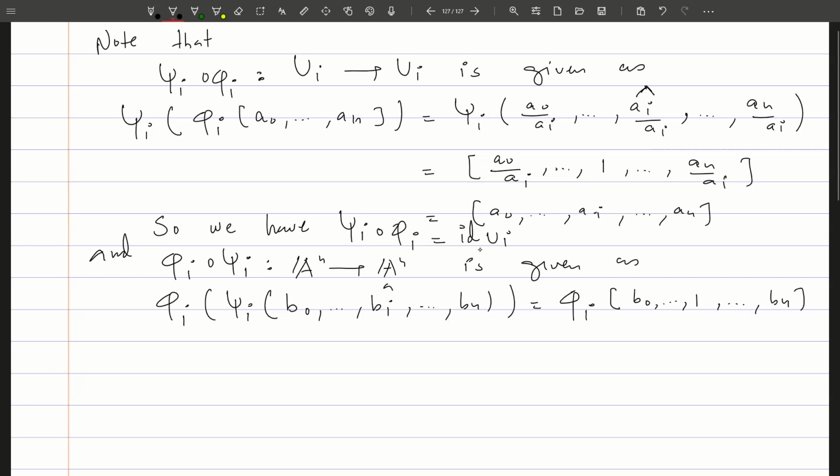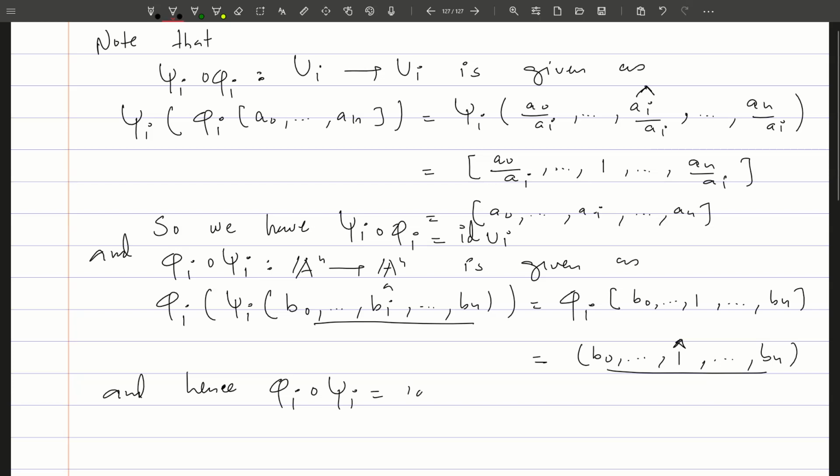So this bi cap is not there, so instead of bi cap we write 1 here, and so this phi i will give us the point b naught through 1 cap through bn. So 1 cap is not there, so this point and this point are the same, and hence phi i composite psi i is actually the identity map on the affine n space.